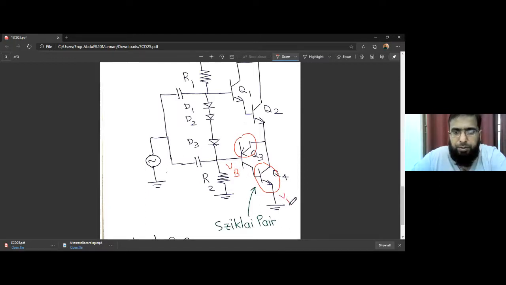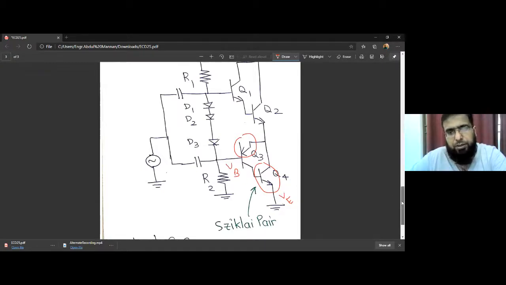So we only need 0.7 volts. That's the advantage of using a Ziegler pair, because the complementary Darlington pair, or Ziegler pair, can be turned on for VBE as small as 0.7 volt.